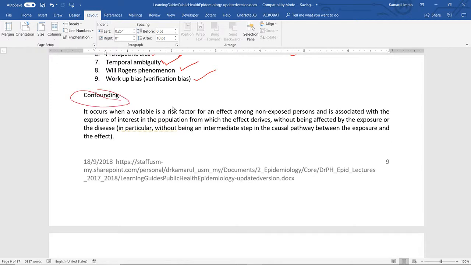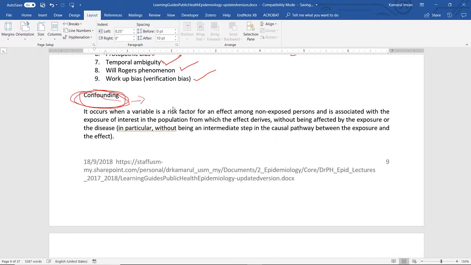And lastly, confounding. Confounding is most of the time discussed in a different chapter, not in the chapter on bias. It is usually discussed elsewhere, in its own chapter.